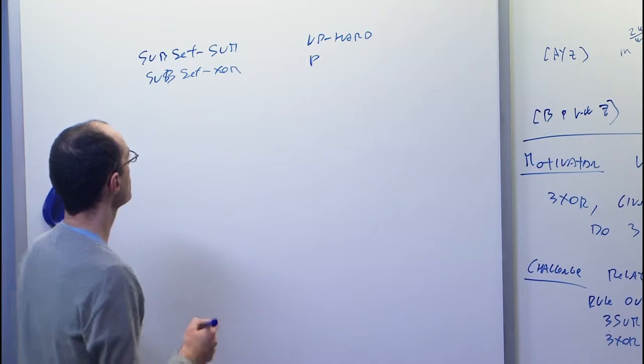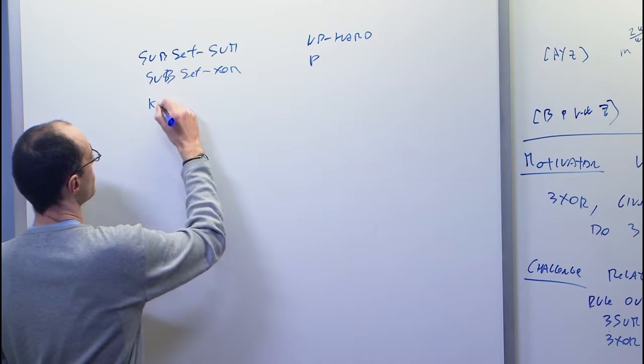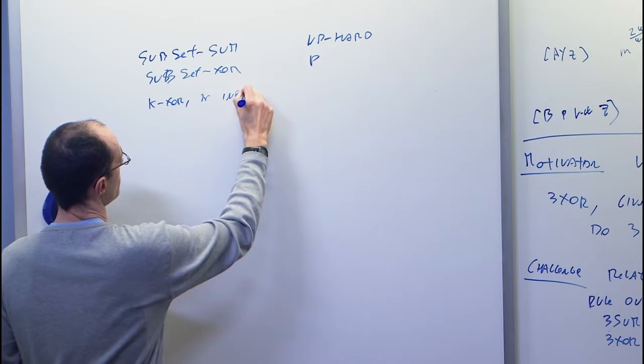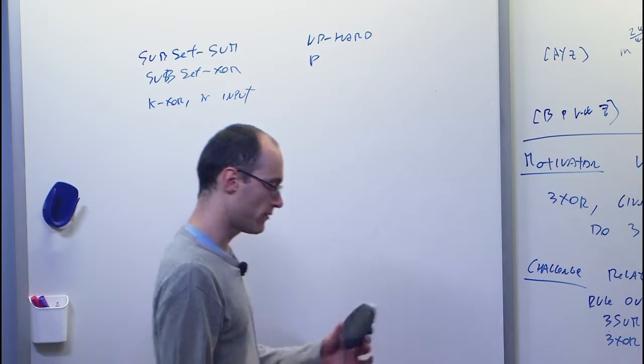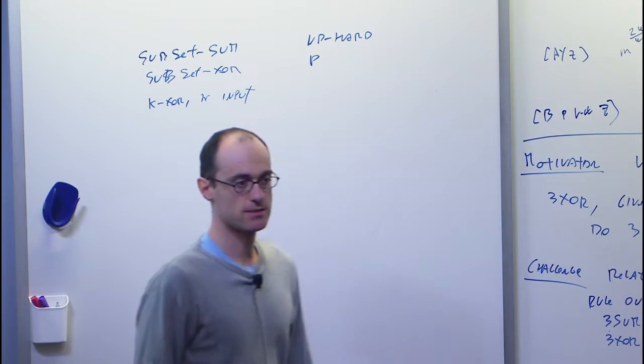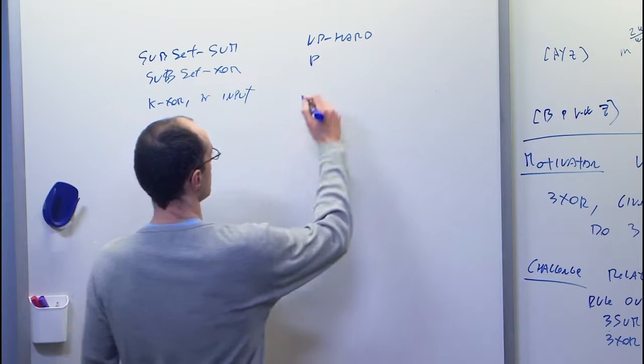On the other hand, if I look at K XOR, and K is part of the input, so I give you a matrix and ask you if there is a linear dependence with exactly K elements, this thing is hard. This is NP-hard.